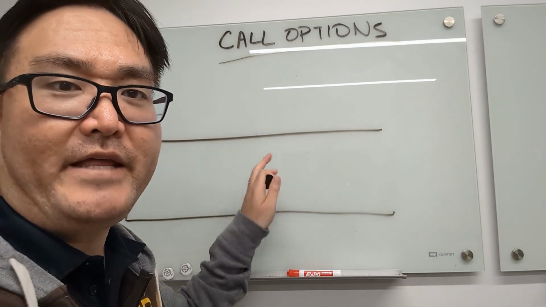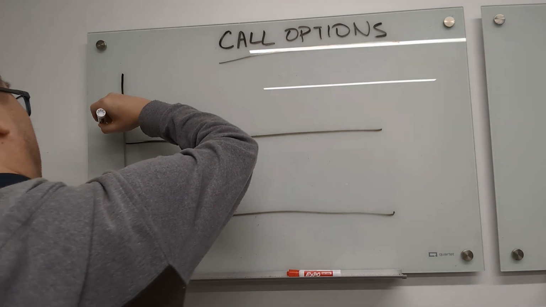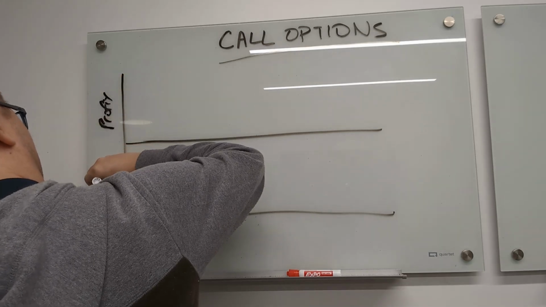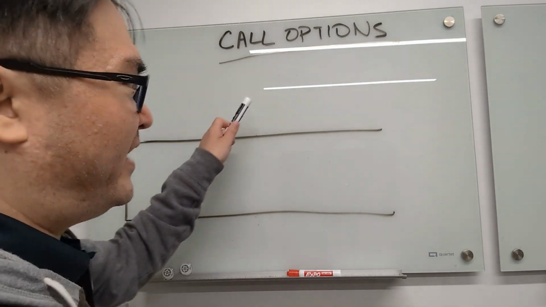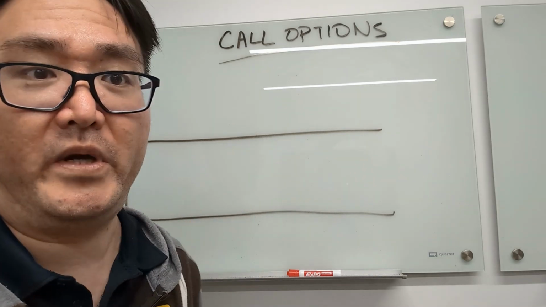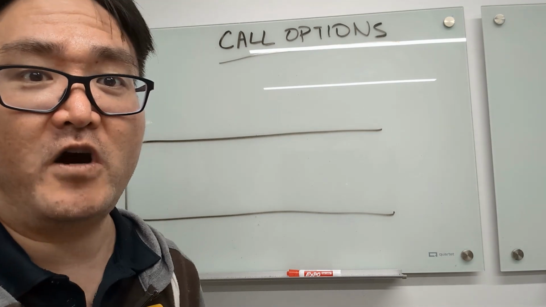This line will represent the break-even point. So above the break-even point, you're profitable. Below the break-even point, you are not profitable. You're losing. Okay, so far, very simple.